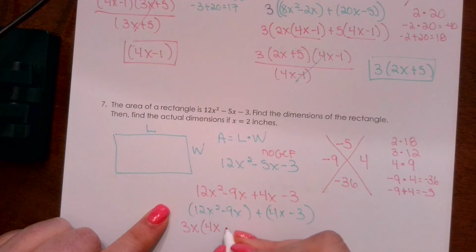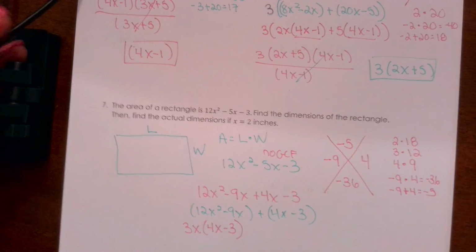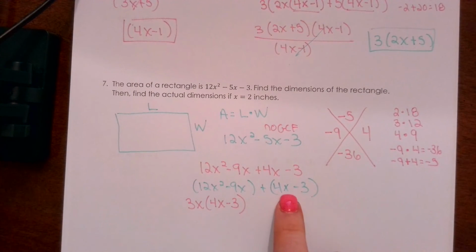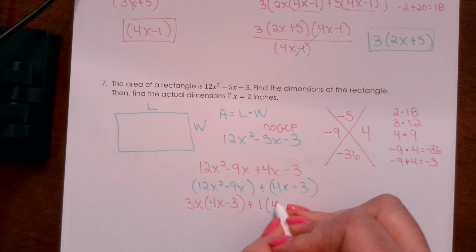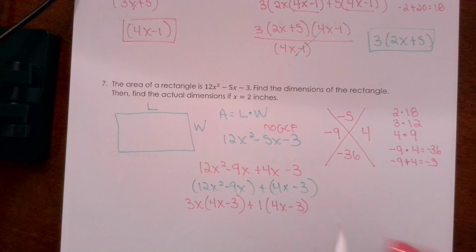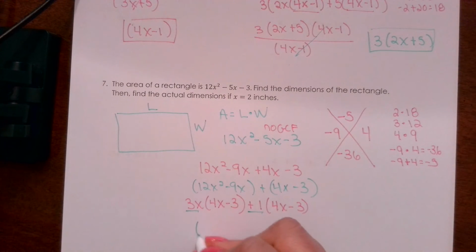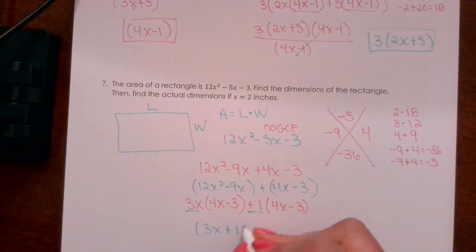Negative 9 divided by 3 is negative 3. Now, it doesn't look like I can pull anything out of 4x minus 3. Well, if there's nothing left, I'm just going to pull out a 1. And I think you can agree that 1 times 4x is 4x and 1 times negative 3 is negative 3. I have not changed the value, but I have given myself another piece to that binomial.